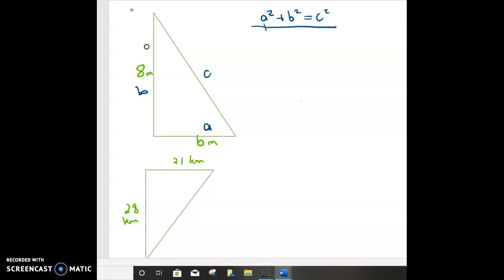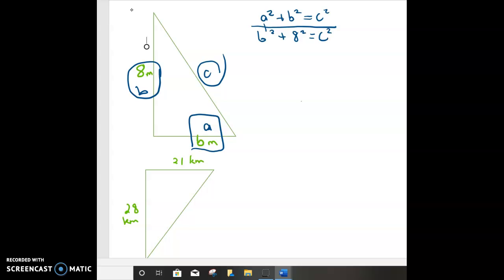That means that where I see A, I write down what I know to be the value of A. So that is 6 squared plus where I see B, I write down 8 squared equals, I don't know what C is, so I just leave that as C squared.